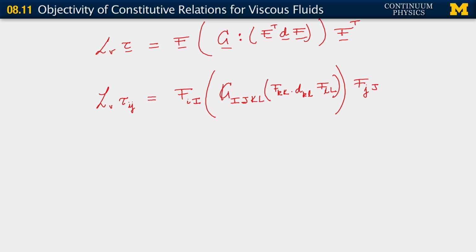Let's look at the inner parentheses. Just the way the indices work, observe that this is like F transpose KK. All right? So you see that what I have on the inner parentheses here does indeed give us this term, okay, with free indices uppercase K and uppercase L.